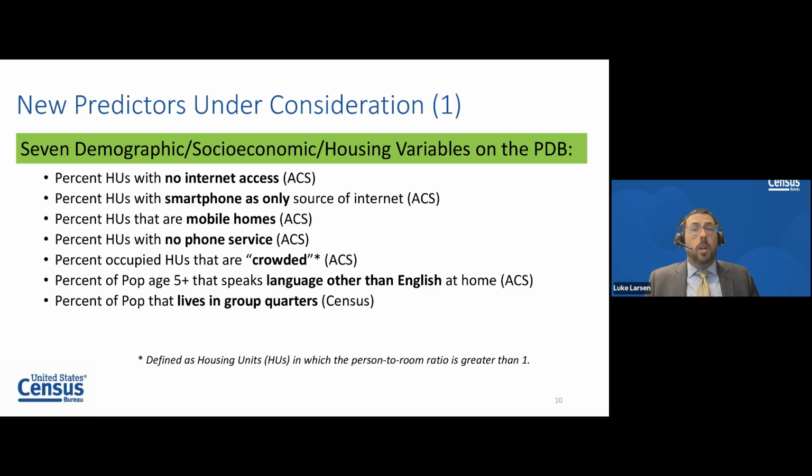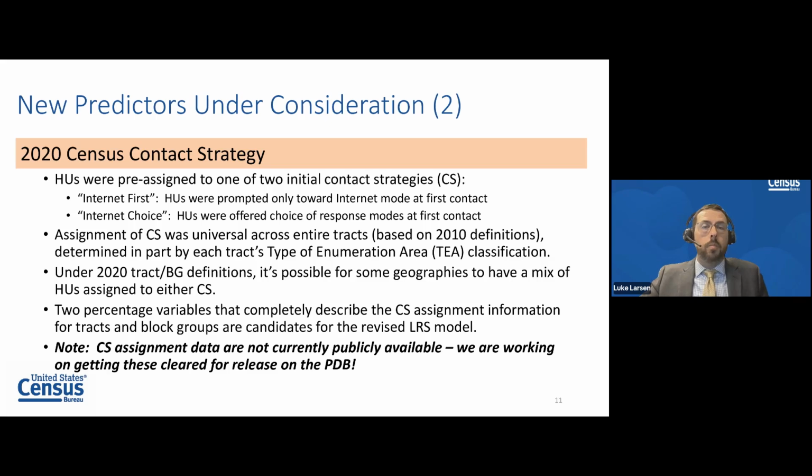These are all items that had been identified in prior research as being highly correlated or had strong showings of high predictive value towards self-response rates. And so we wanted to collectively consider this group of variables as possible candidates for the new low response score.